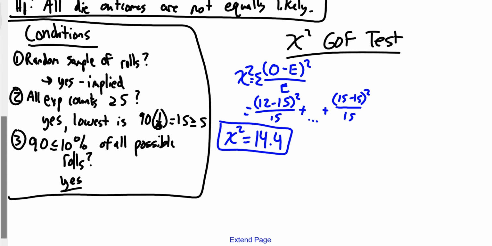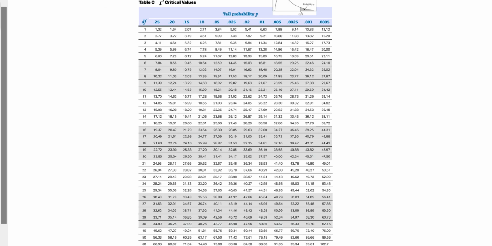There's 6 different possibilities, so degrees of freedom would be 6 minus 1, which is 5. So I need to go find degrees of freedom of 5 and find the closest to 14.4, which is kind of in here. So it's going to be between 0.01 and 0.02.